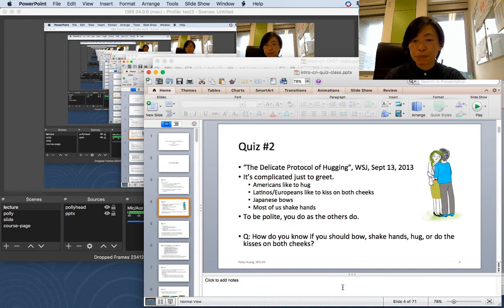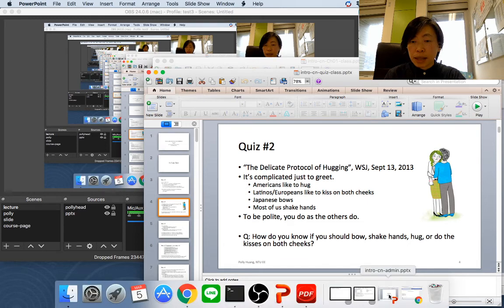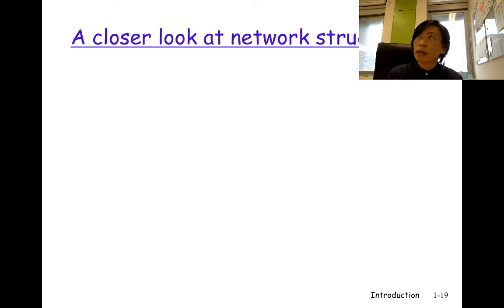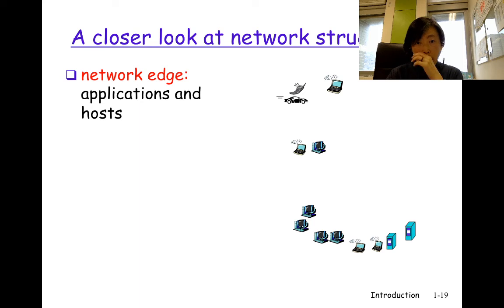Let's try to wrap up what I intend to talk about in chapter 1 today. Earlier I said that if you look closer, the internet is actually a network of networks. This is the network edge, the end hosts.